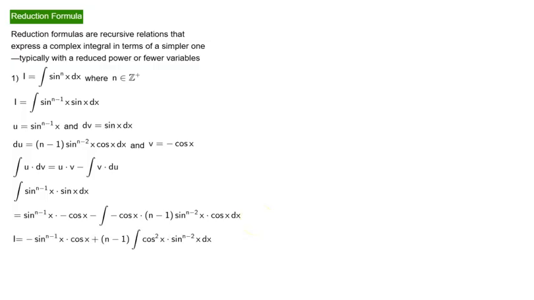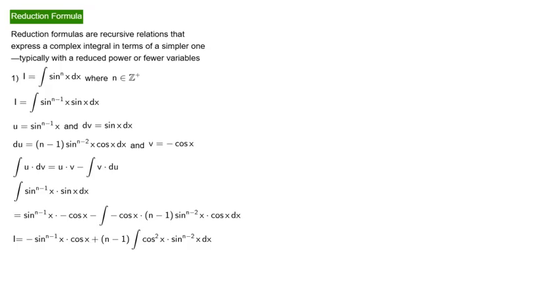Okay, now we simplify this. So what simplification have we carried out? This minus we have brought to the front. Minus times minus is plus. n minus 1 is a constant, so we take it out of the integral. Cos x times cos x is cos square x times sine to the power of n minus 2 of x dx.